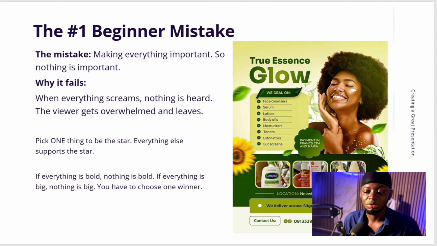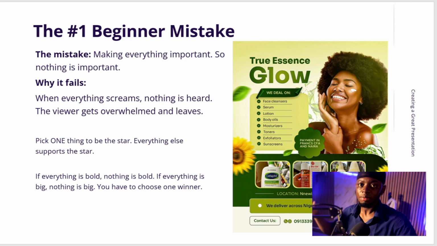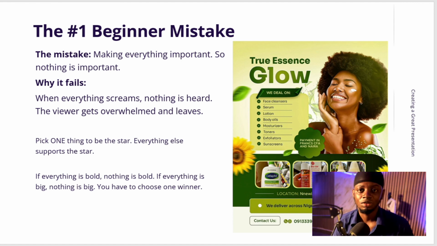When everything screams, the viewers get overwhelmed, and when the viewers get overwhelmed, they leave because they are not flowing with the rhythm of the flyer. So this is what I will advise you as a beginner graphic designer: pick one thing to be the lead, to be the star. Then everything else supports the star.